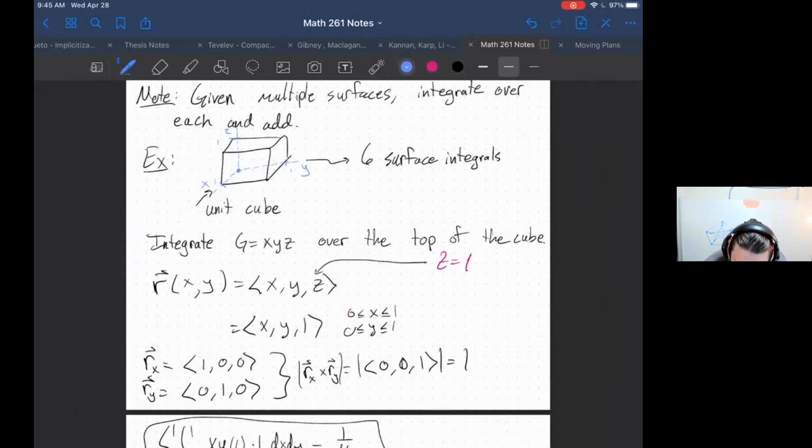But if we wanted to parameterize, say, the right side, we would again need to do some sort of R of blank blank. It turns out the right side uses the plane y equals 1. So you could write this down as R of xz, which is x comma 1 comma z. You can go through all of this work again and figure out the bounds. Well, x and z are still going to be 0 to 1.